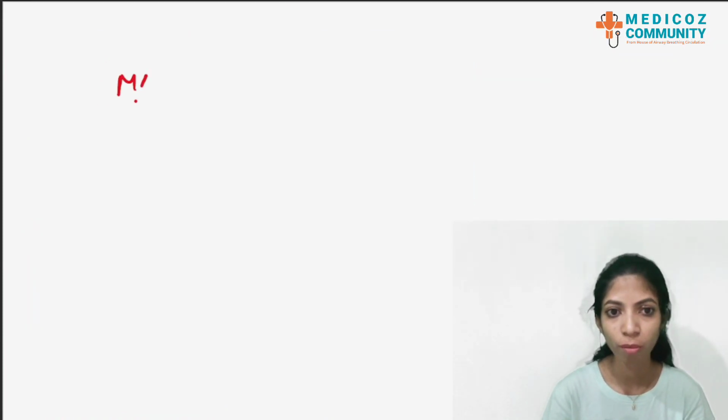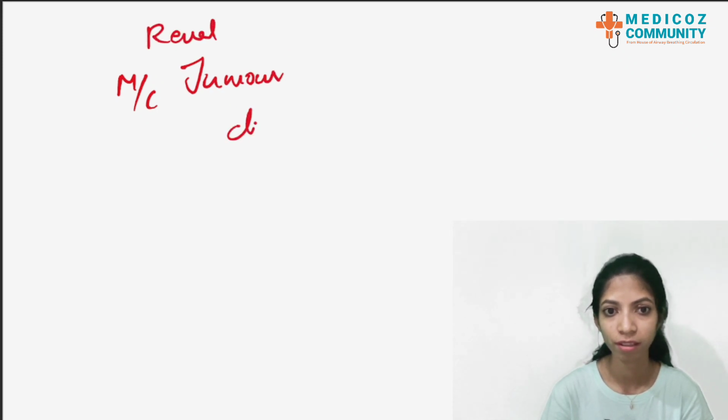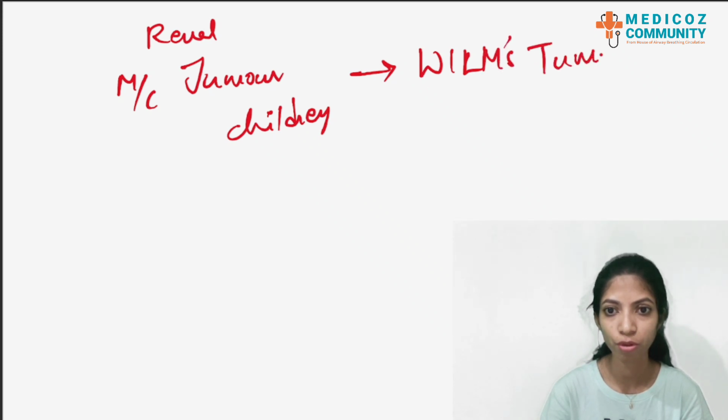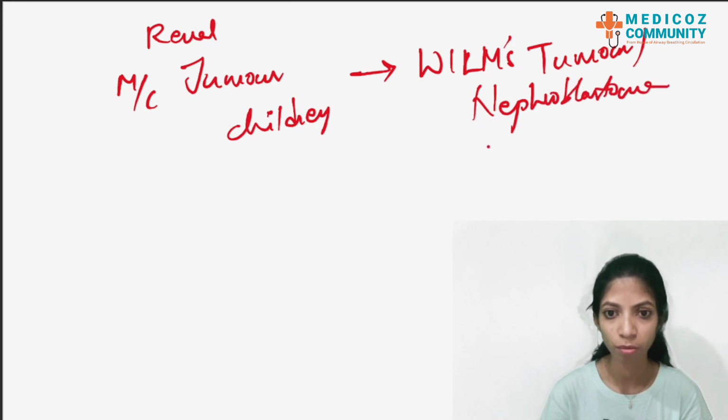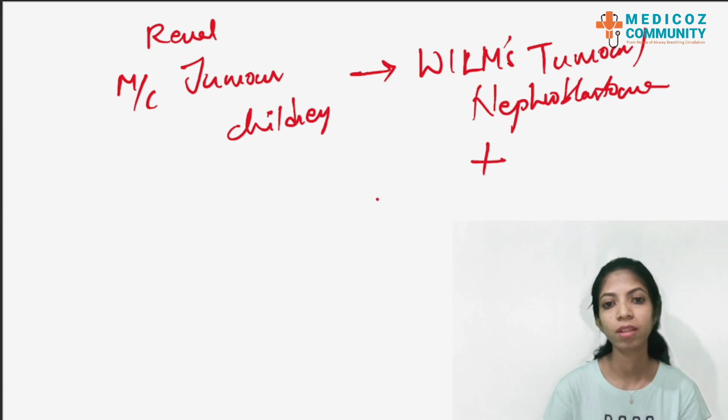What is the most common renal tumor in children? As we already discussed in the earlier sessions, this is nothing but our Wilms tumor, or nephroblastoma. So in some cases, this nephroblastoma is associated with our omphalocele.